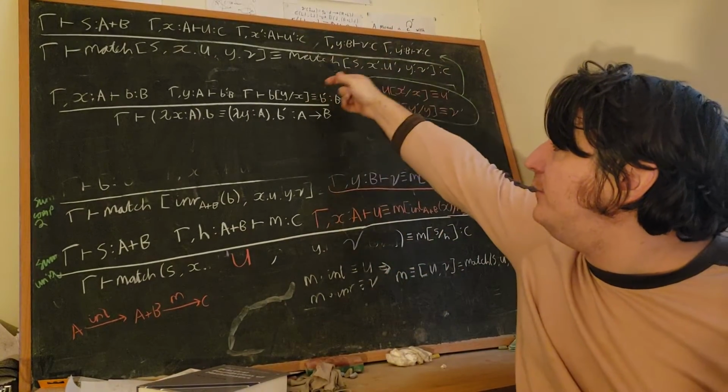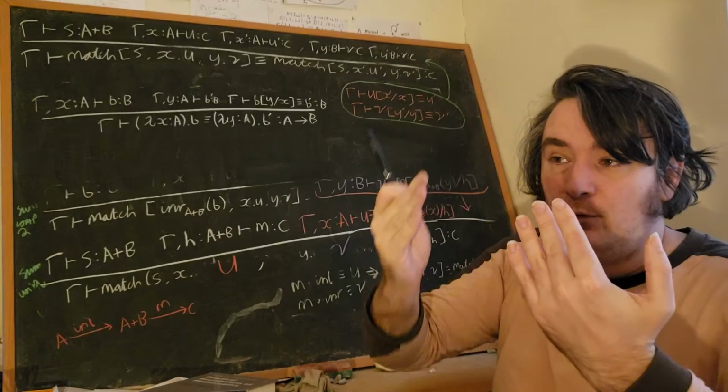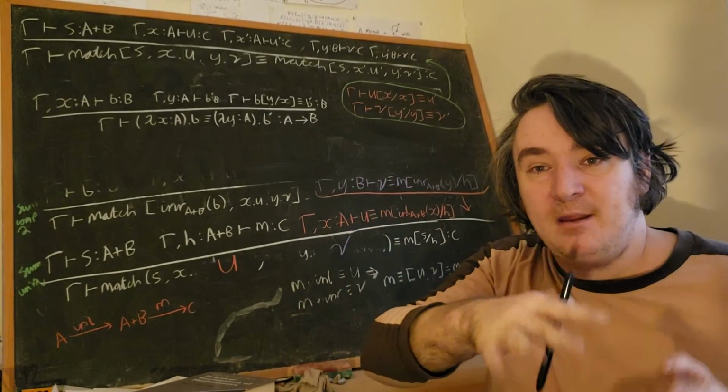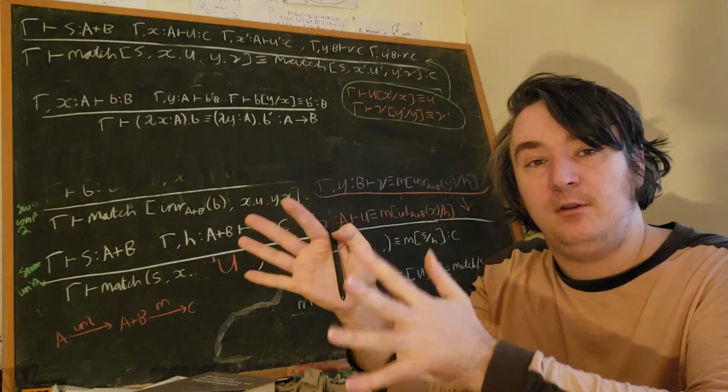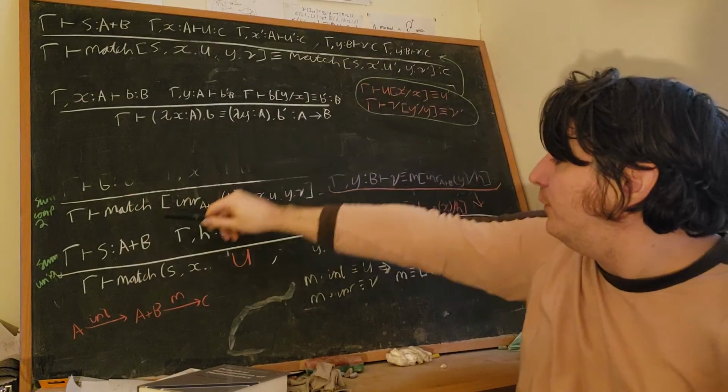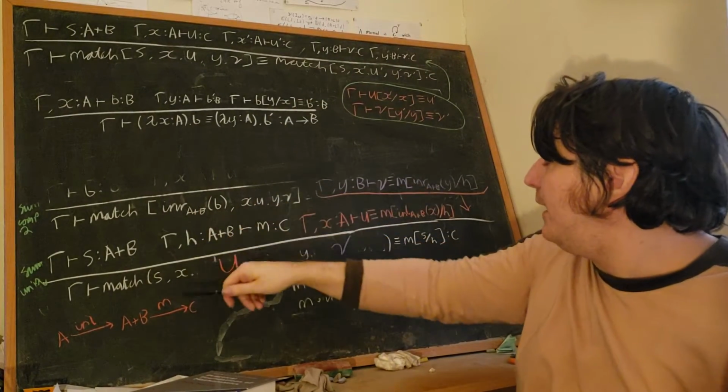What it basically says then is just that if U equals U dash and V equals V dash, then the match that we build with U and V will be equal to the match that we build with U dash and V dash. And that's what we want to get this rule here, okay?